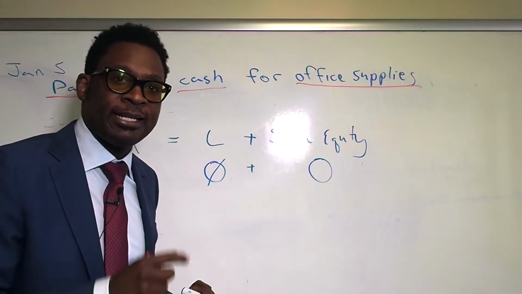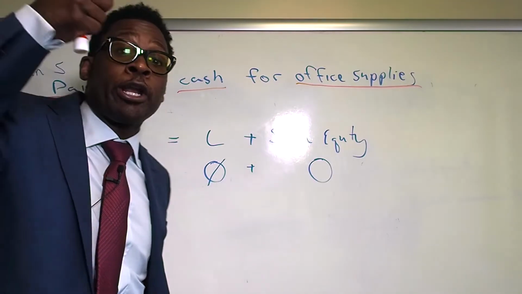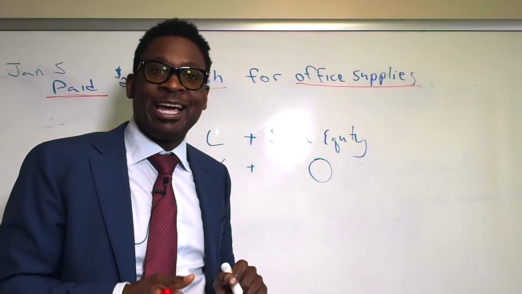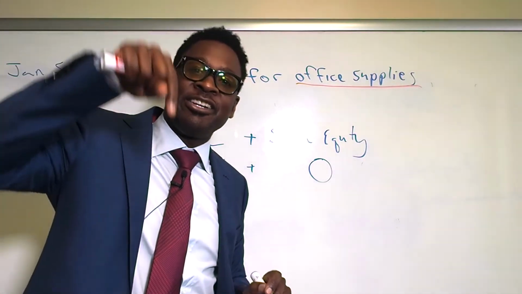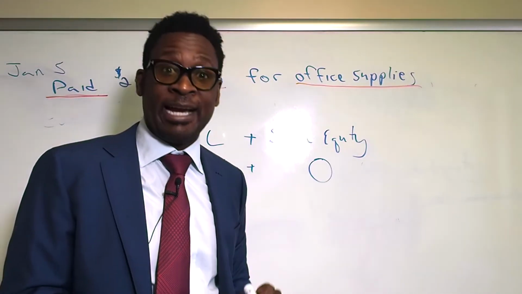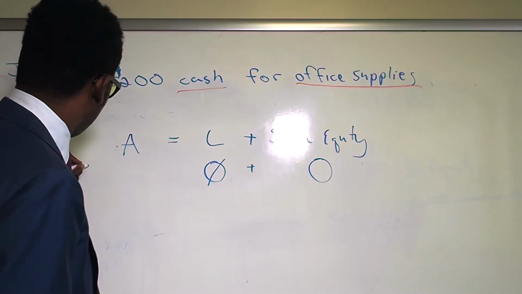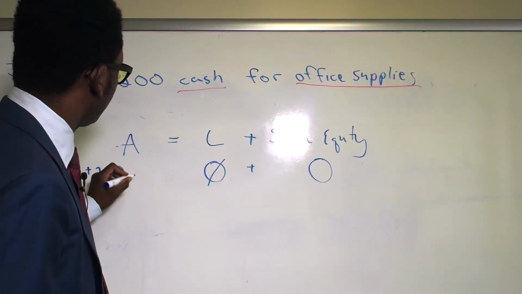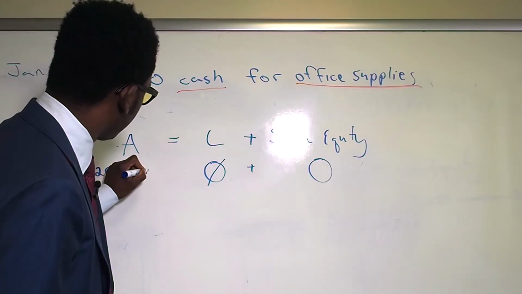So how were the assets affected? Well, one of the assets went up by $200, simultaneously causing another asset to go down by $200. So our assets increased by $200 under what account? The supplies account.